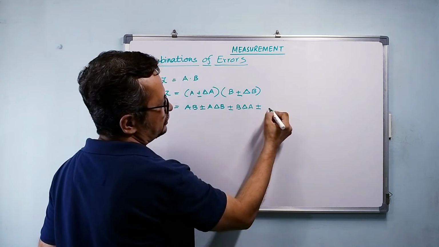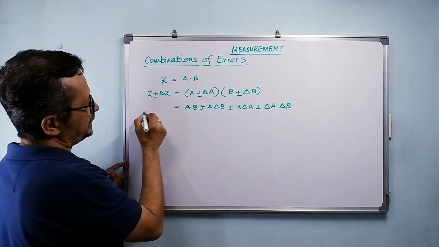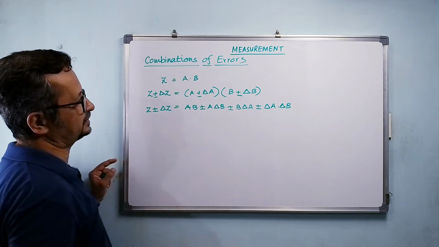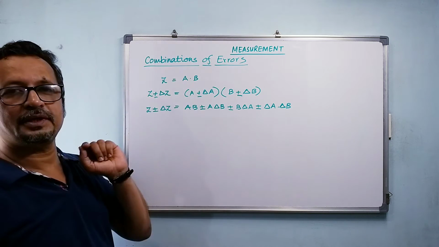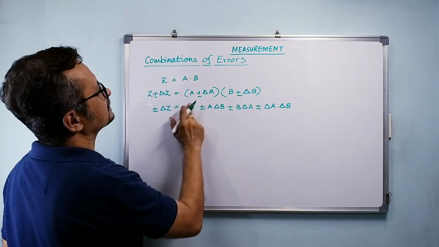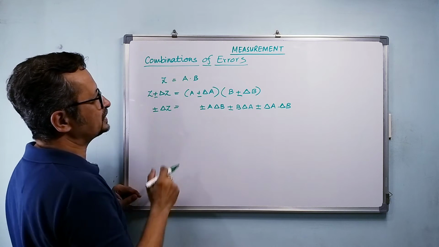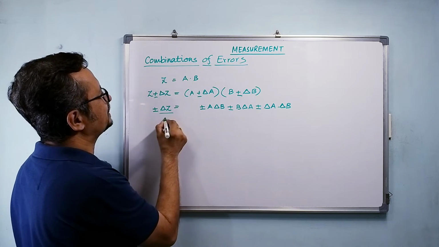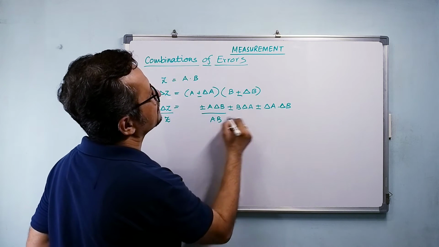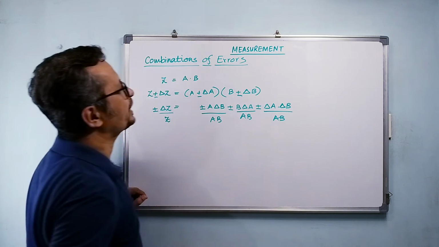So again, let's not go into all those details. So this is my Z plus or minus delta Z here. Correct. But my Z is equal to AB, so I am going to cancel this. Now if I divide both the sides by Z, and then divide this by AB, what happens here?